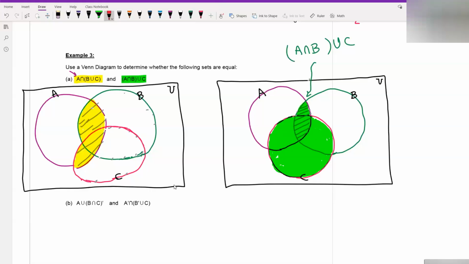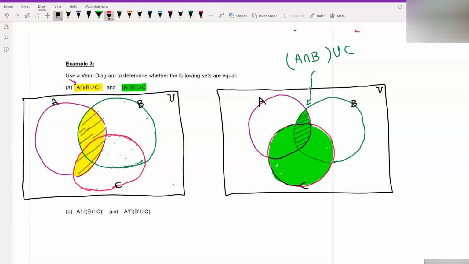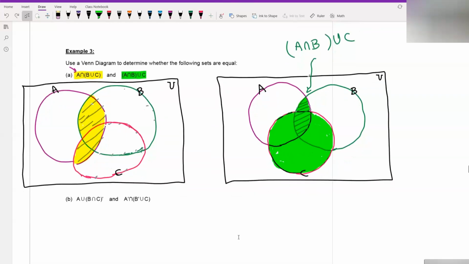Because if I compare what they have on left with what they have on right, on left, I don't have these members that we have on the right side. So sets are not equal.